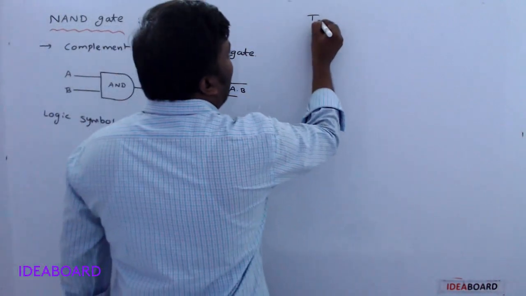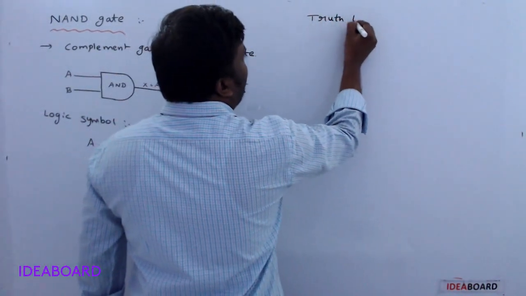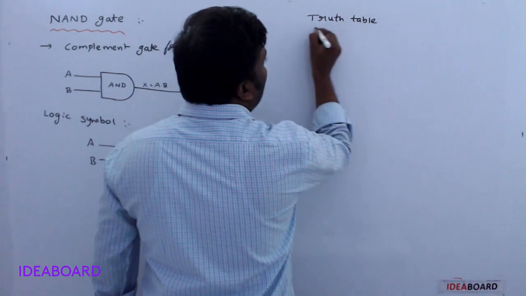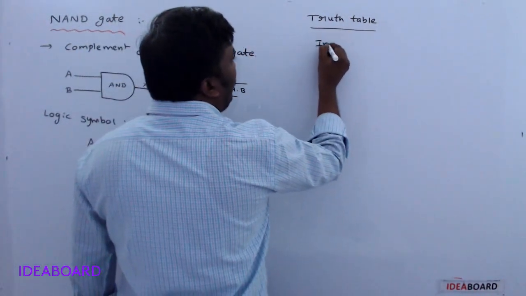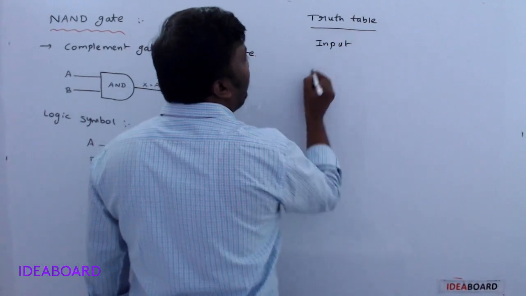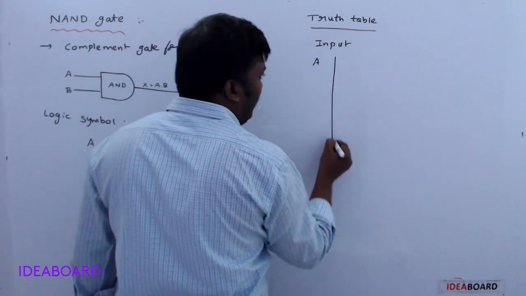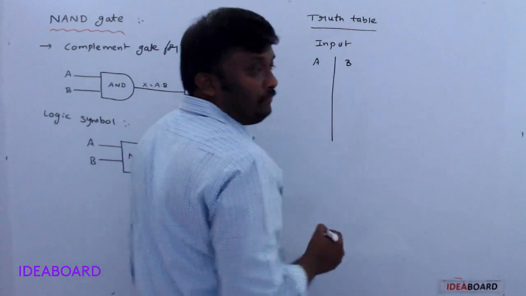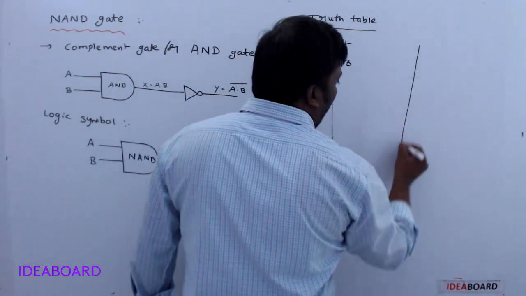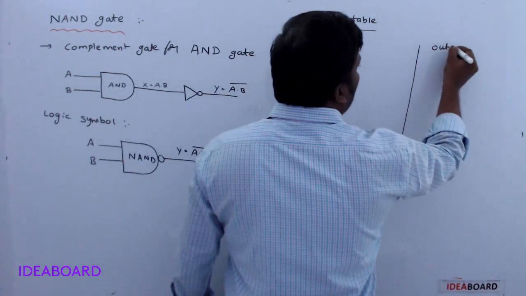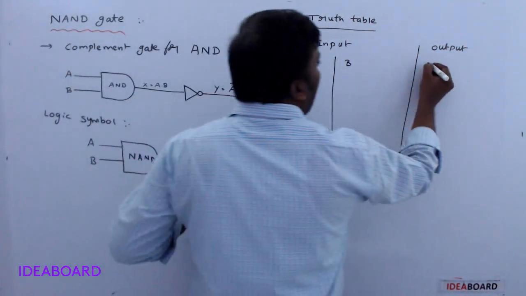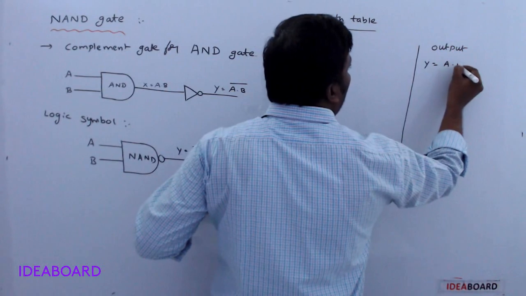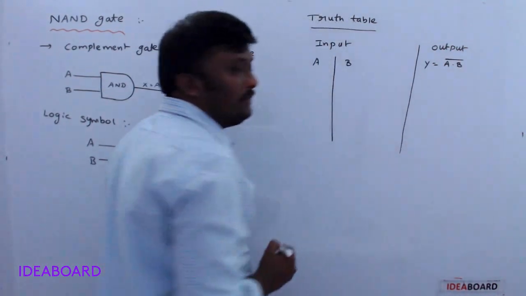Now, the truth table. In the truth table, we can take inputs as A and B, and we get the output. The output is Y is equal to A dot B complement.